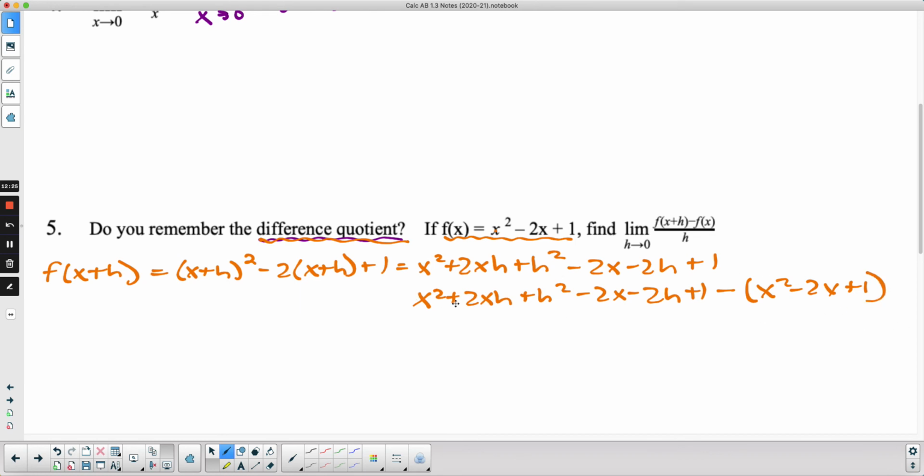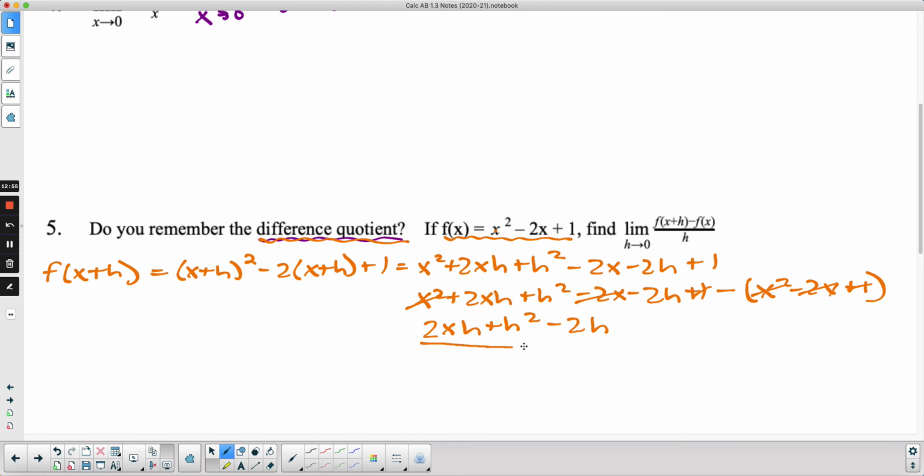So we are given, let's see here, x squared minus x squared, negative 2x minus a negative 2x, and then 1 minus 1. So we're left with 2xh plus h squared minus 2h, and that looks like it.